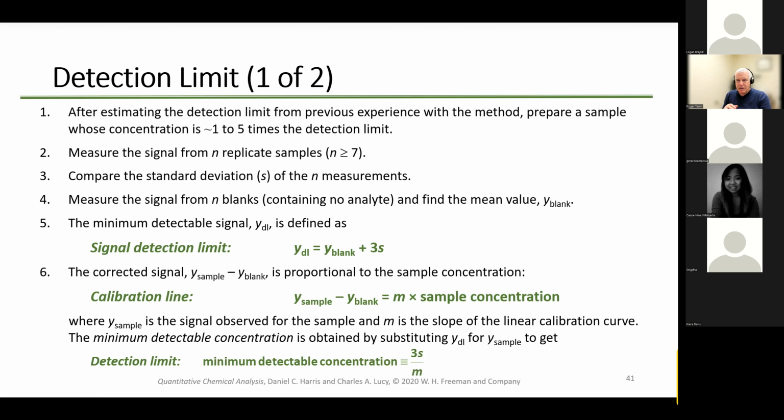So s is also the uncertainty in the blank signal. And when you do LINEST, you get an uncertainty in the blank. So 3 times the uncertainty in the blank divided by the slope is equal to the detection limit, or the minimum detectable concentration. Okay, moving forward.